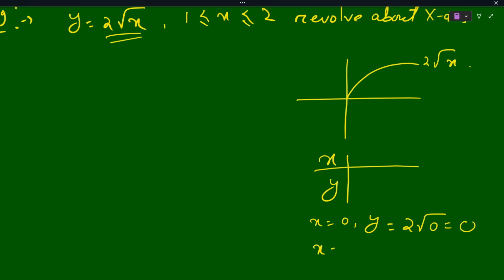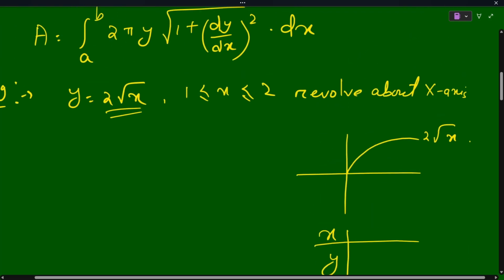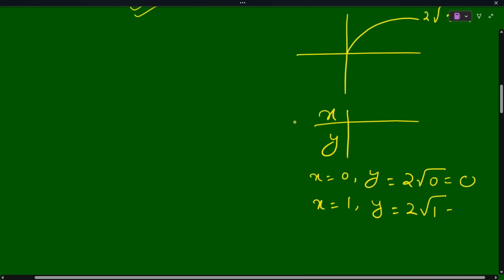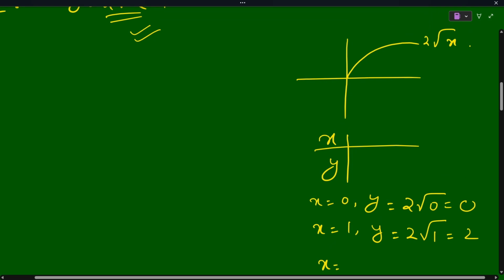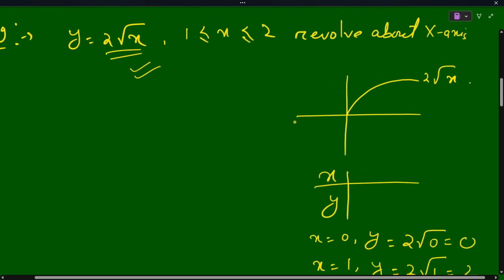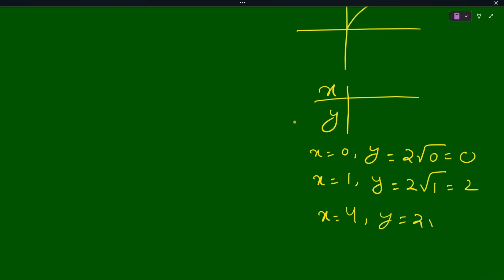Similarly for x equal to 1, y equals 2 root 1, so this value is 2. Again, I can't take negative numbers as it is under a root, so I am taking a square number, 4. Now the value of y is 2 root 4, that is 4.